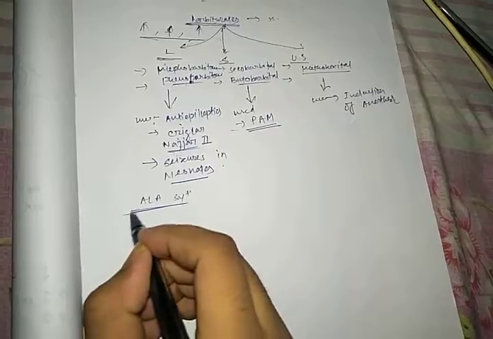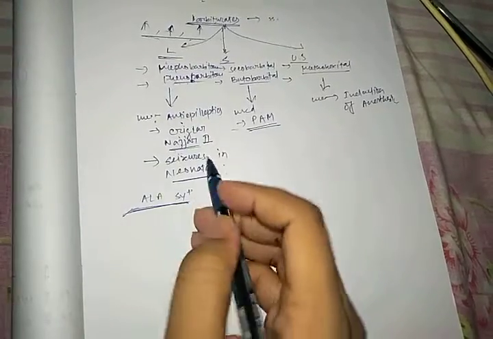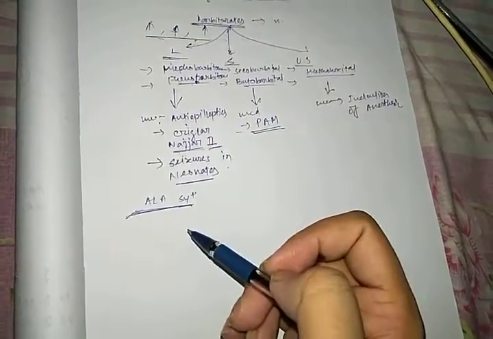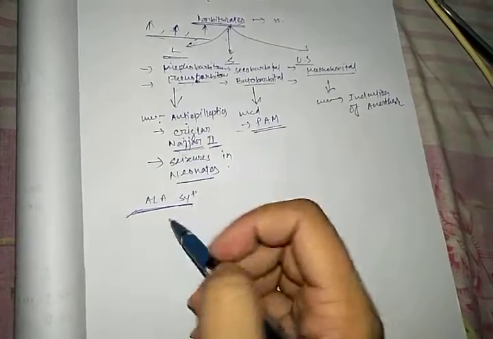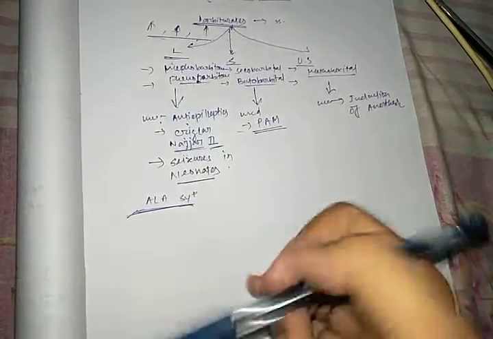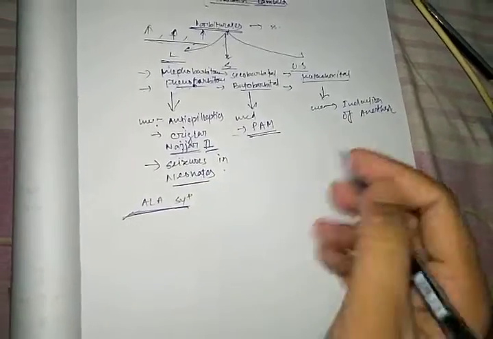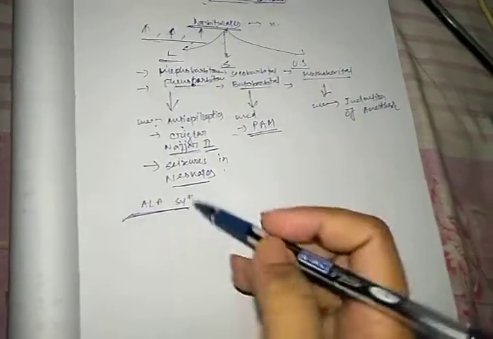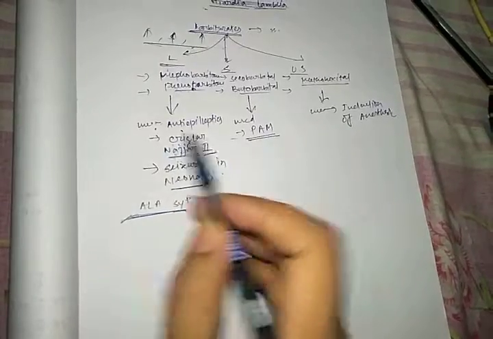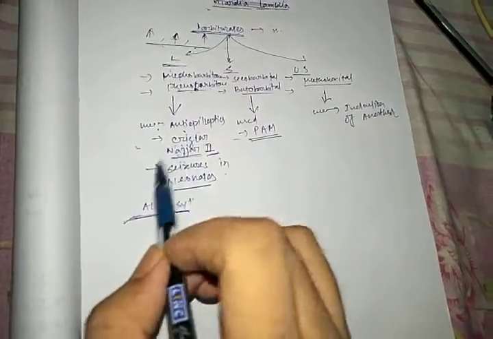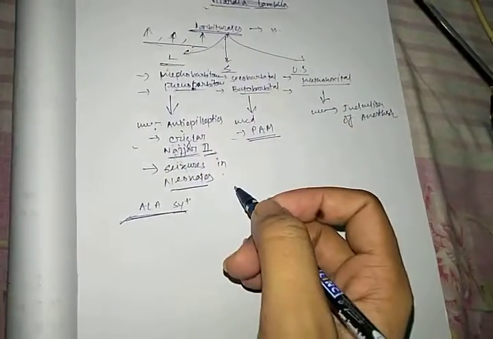In case of Crigler-Najjar syndrome type 2, there is less production of the enzyme, so phenobarbital induces the enzyme to be more effective. That is why it is used in Crigler-Najjar syndrome type 2, but it is not used in type 1 because there is no enzyme in type 1.